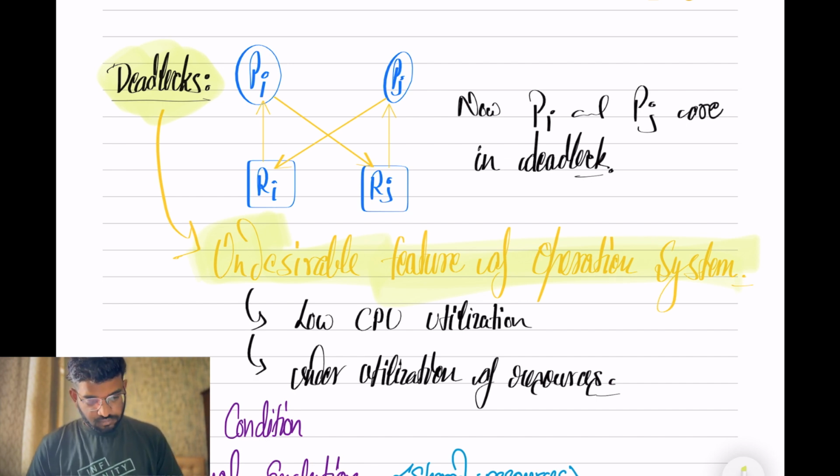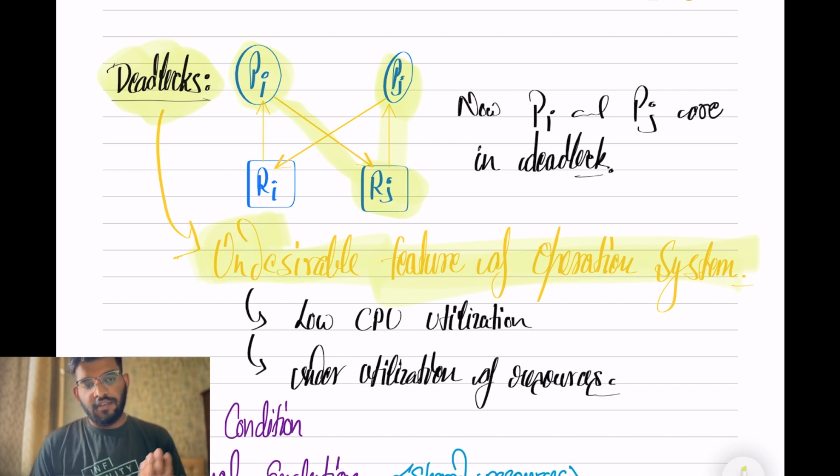If there is a process PI requesting a resource RJ, and the resource RJ is allocated to process PJ, and PJ is requesting a resource RI which is allocated to the process PI, now the processes PI and PJ are in deadlock.